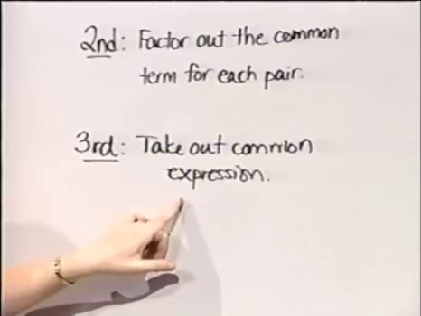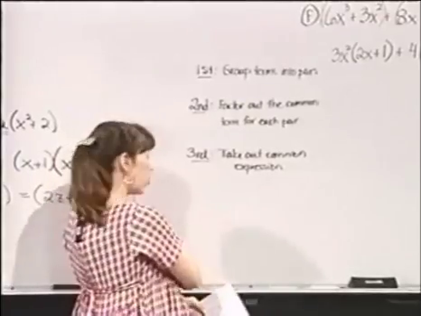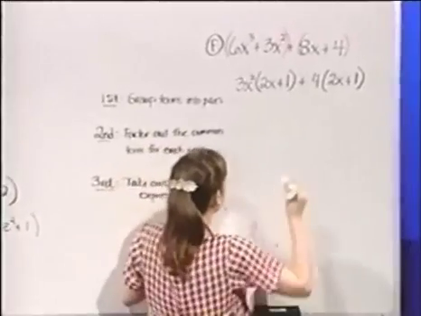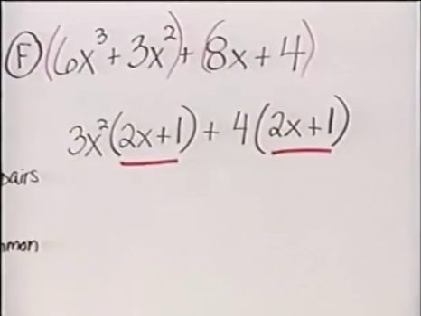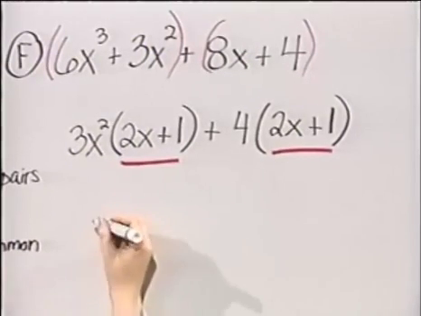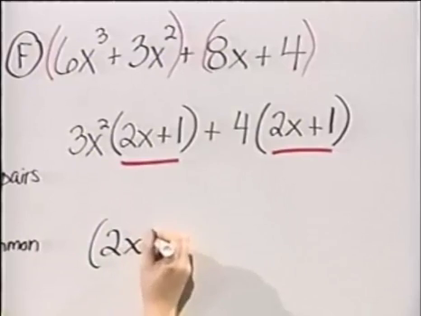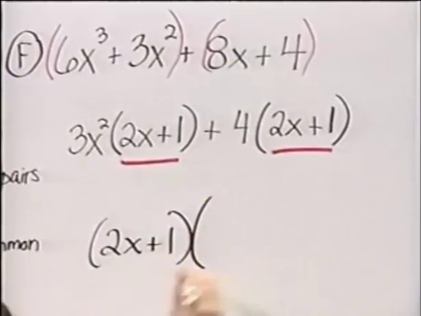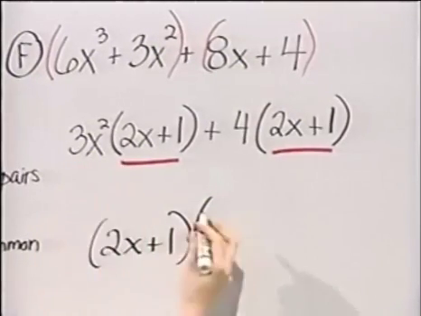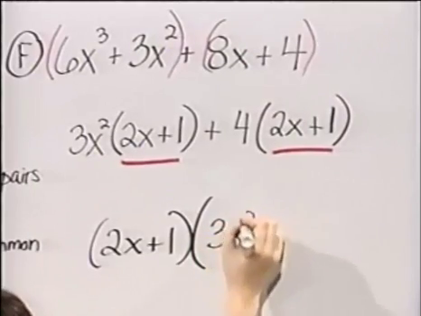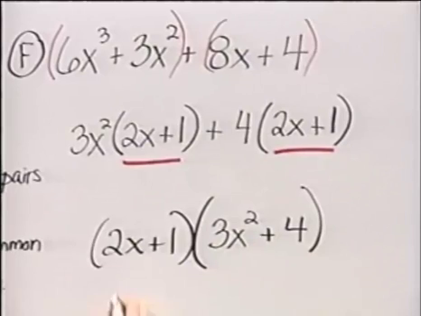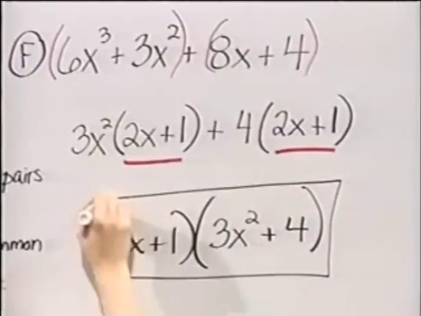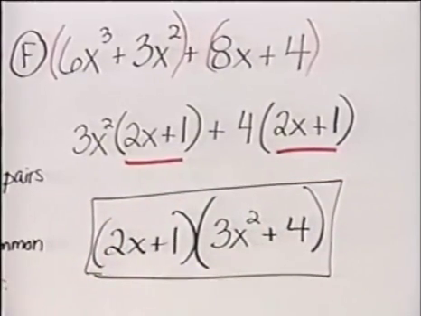So when we go back up to our example, your common expression is 2x plus 1. That's in both places. So we take 2x plus 1 out. And what are we left with? We're left with 3x squared plus 4. This is now a product.